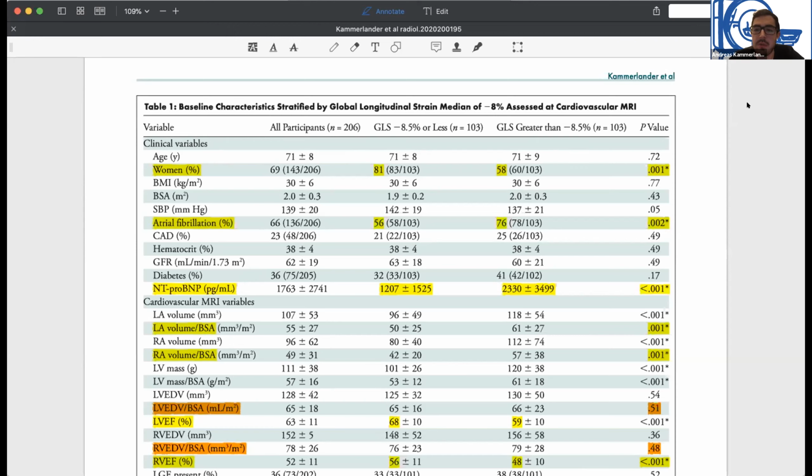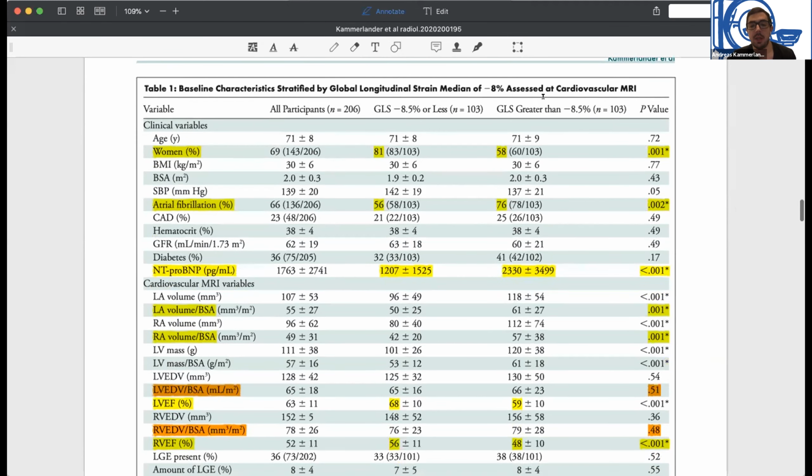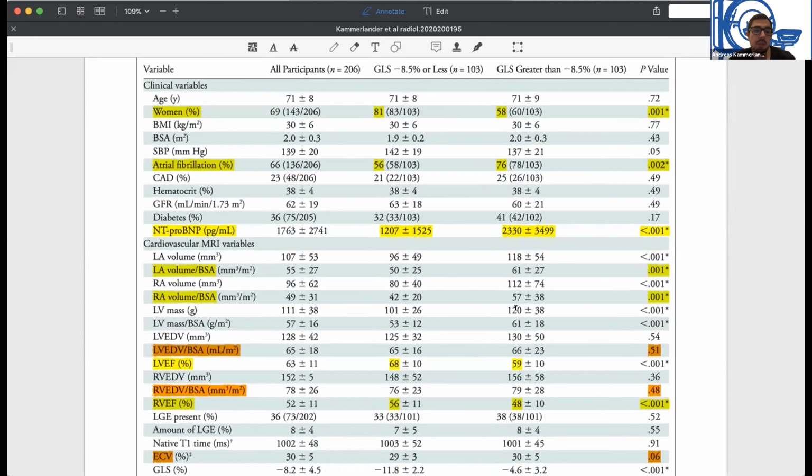And you can see a bunch of differences. First, there were more women in the group with better strain values than in the worst strain value cohort. Atrial fibrillation was associated with more impaired strain values. BNP values were higher, LA size was higher, RA size was higher.